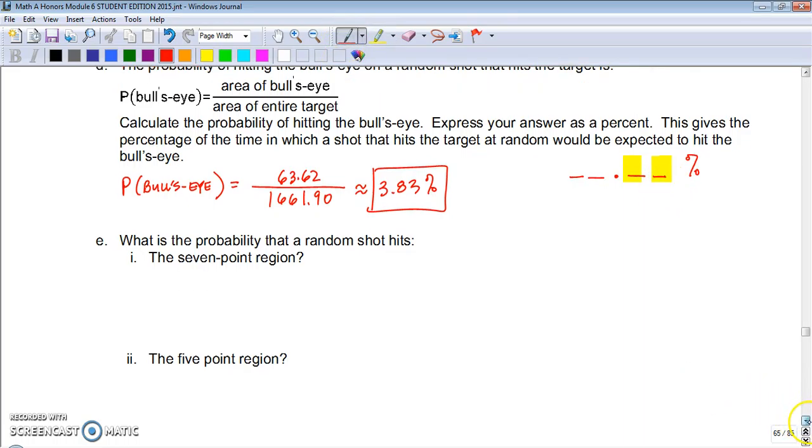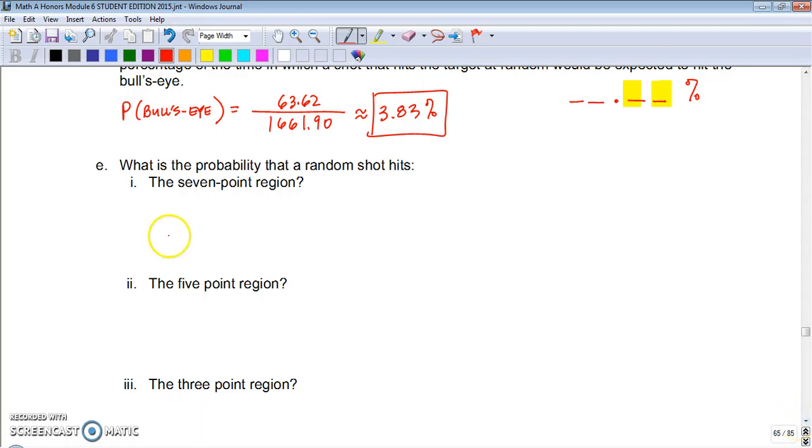Let's look at another one. Let's look at what's the probability for the 7-point region. And so we'll go back up to the top and we will look at what was the area for the 7-point region. It was 197.97 divided by the entire area.